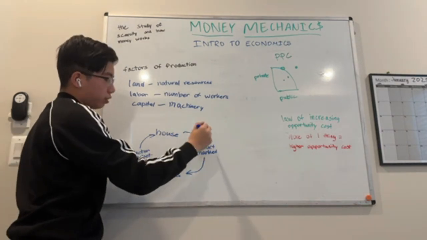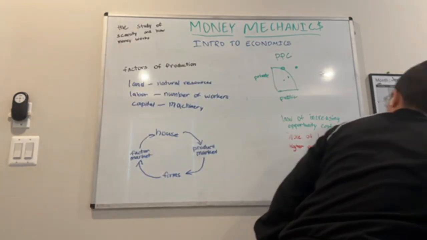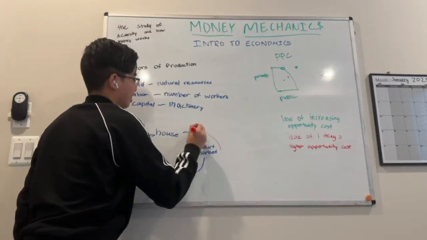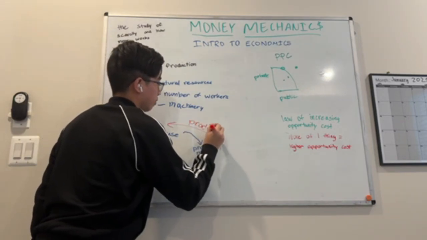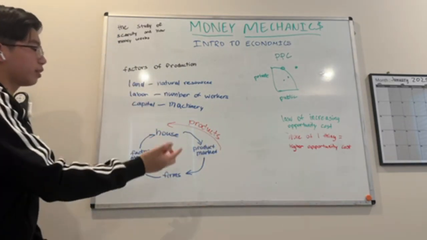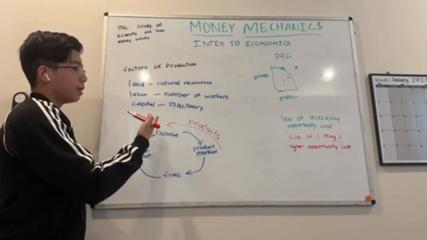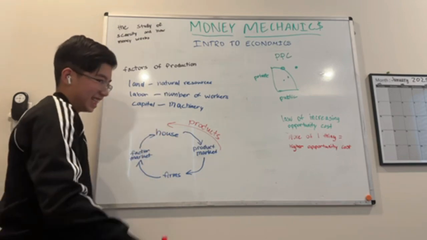The money goes clockwise around the cycle, but products go the other way around the cycle. That's how the cycle works. The government's role in a capitalist economy is to make sure the cycle works.